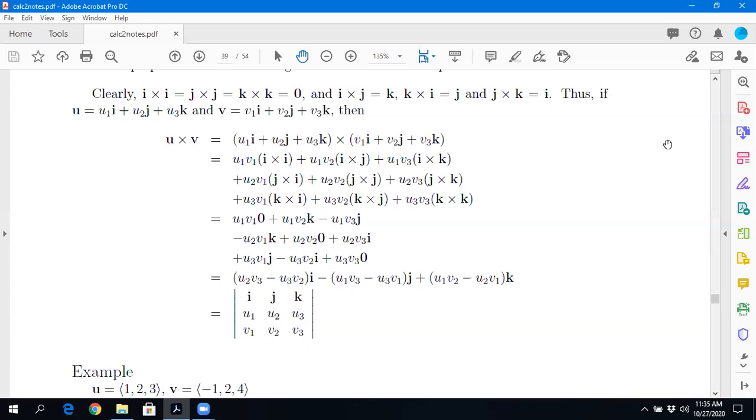Okay. Put IJK in the first row, and then you put these guys right here. By the way, what I like to do sometimes is I'll put U equal to U1, U2, U3, and V equal to V1, V2, V3. I don't even draw the matrix. What I do is I already imagine this as the matrix.